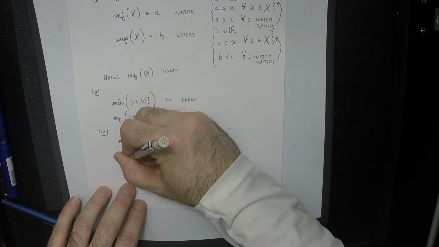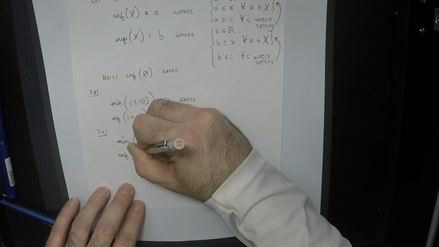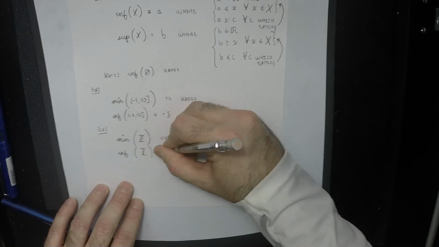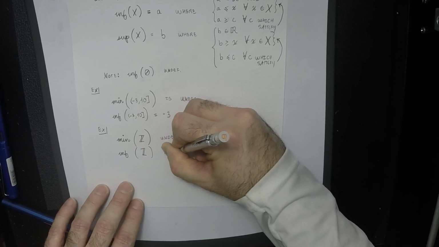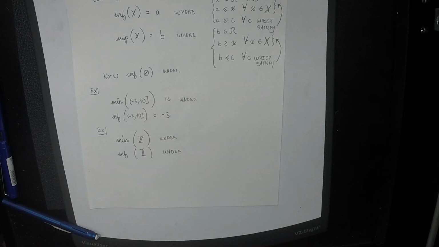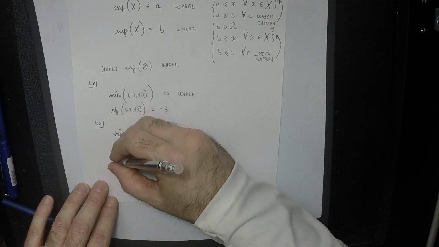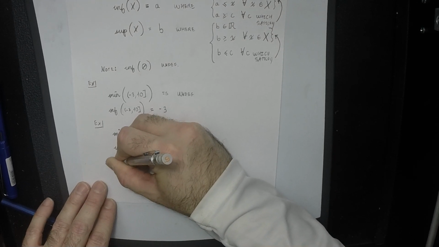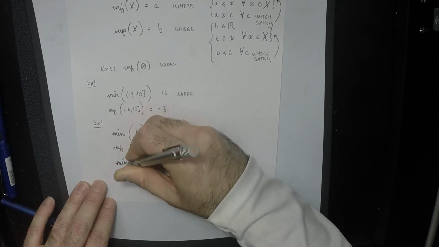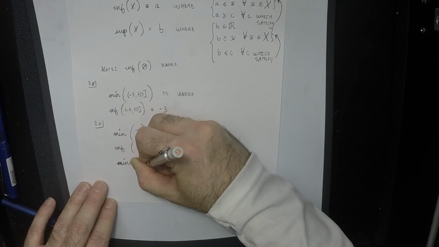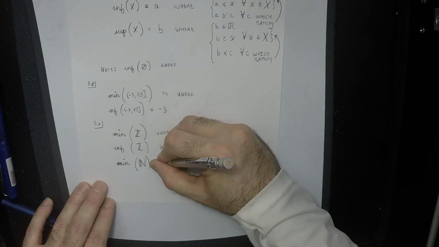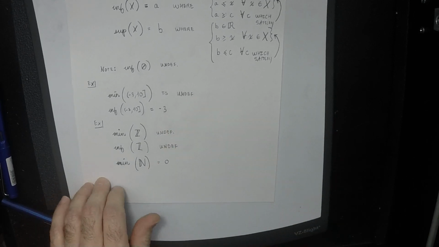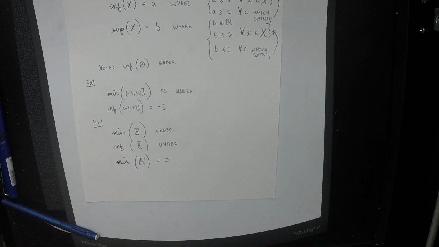It's undefined. What about the minimum of the naturals? It is 0, because recall that in our class 0 is natural.